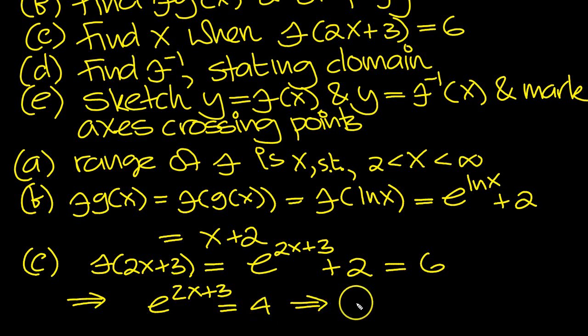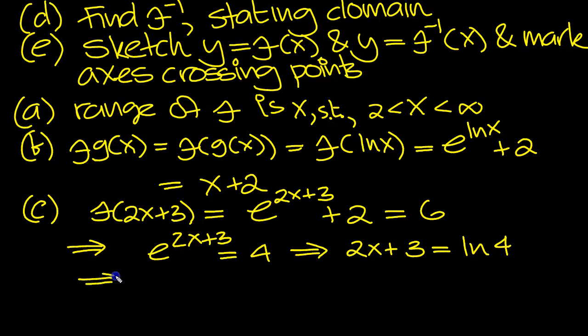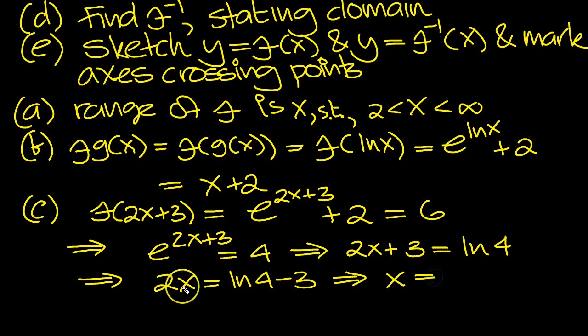Then move the e down and write the equivalent logarithmic version of this. So the e swings down to be the base, and the 2x plus 3 that's an index can just drop down to ground level. And it's the natural log of 4 then, isn't it? And so that tells us that 2x is equal to ln 4 minus 3, so we just moved the 3 over, and lastly x is equal to, now we move the 2 from times on one side to divide on the other side.